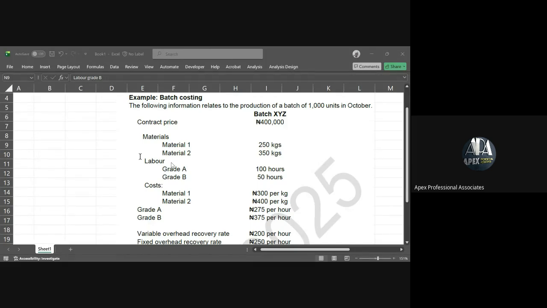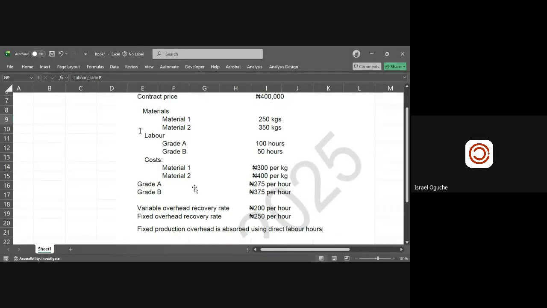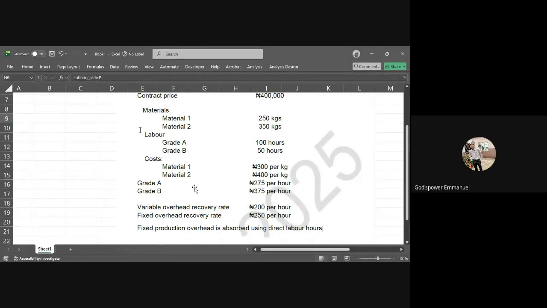We need 2 grades of labor: 100 hours for grade A and 150 hours for grade B. Now, the variable overhead recovery rate is how much? 200 naira per hour. And the fixed overhead rate is how much? 250 per hour. All right.